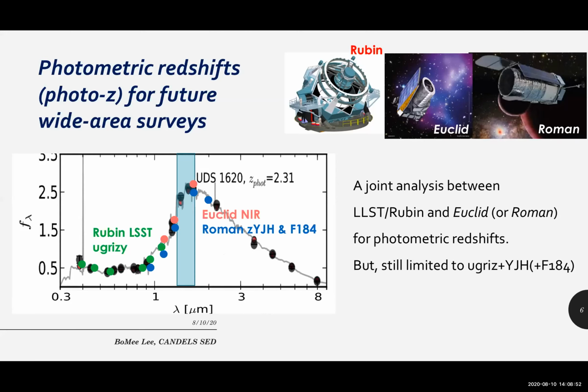However, still for future large surveys, 8 to 9 bands are the maximum to use, as you can see. So we introduced a new library of galaxy SED templates constrained with observed colors to improve the photo-z estimation of galaxies having a small number of photometric bands.